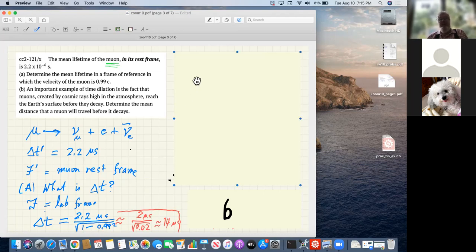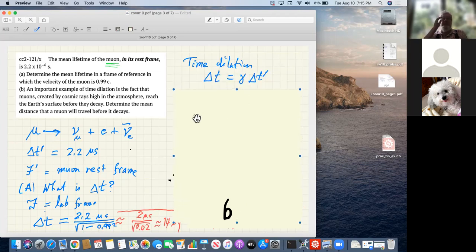So you'll need to know the equation for time dilation. And that's one of the equations you'll have on your help sheet for the exam. Time interval in a frame F compared to the time interval in a frame F prime, which is moving with velocity v, delta t is gamma delta t prime, where gamma is that quantity 1 over the square root of 1 minus v squared over c squared.